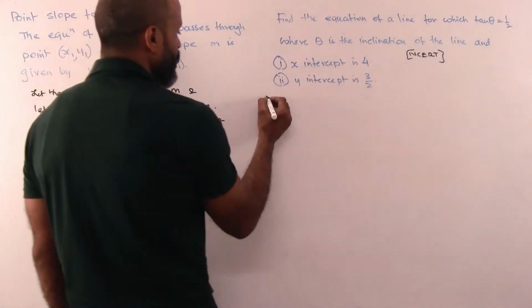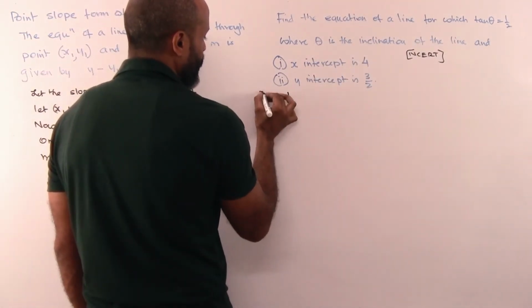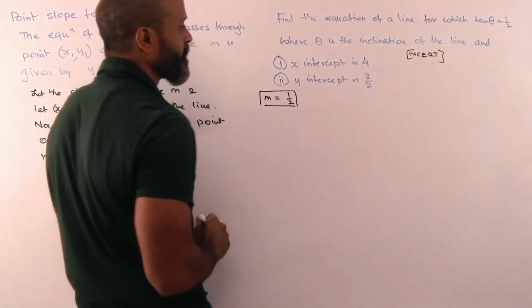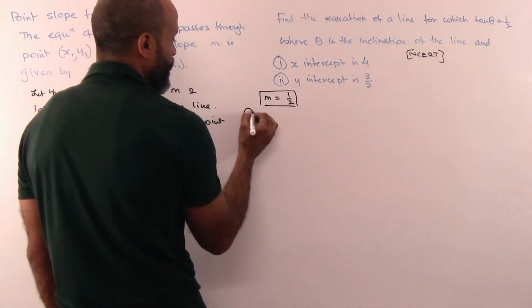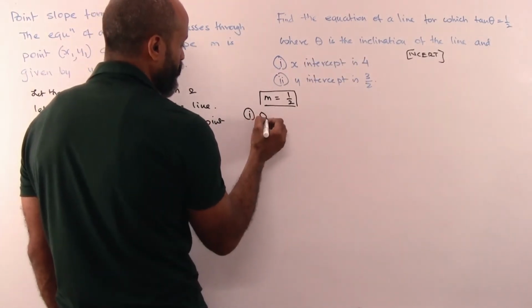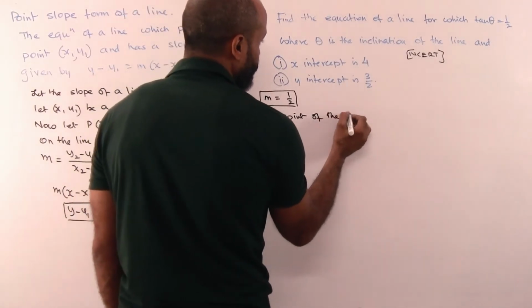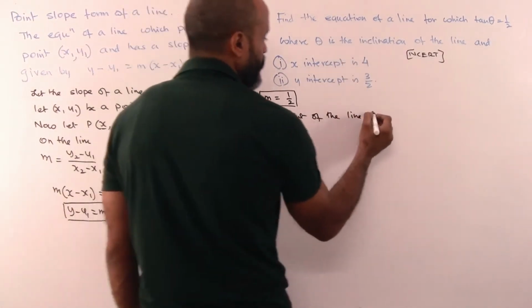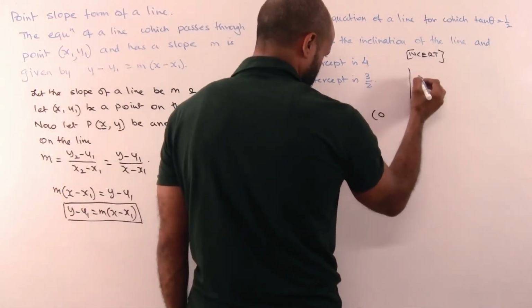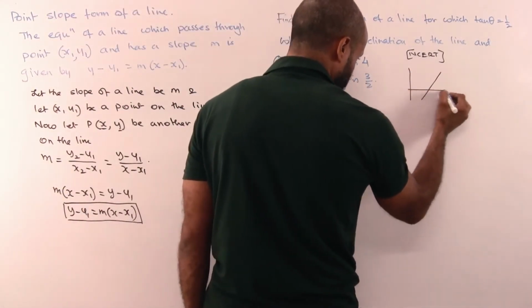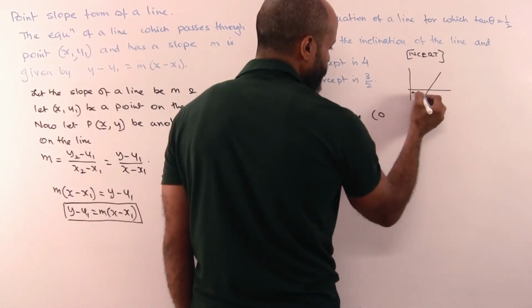Here the slope is 1 by 2, because slope is equal to tan theta. Now x intercept is 4. So in the first case, one point of the line will be the x intercept, which means the line passes through the point where this intercept is 4.